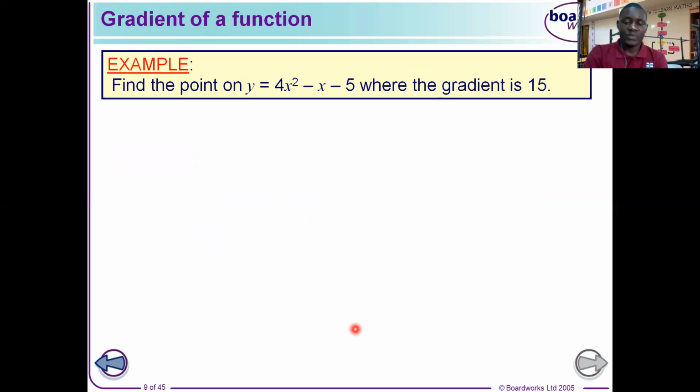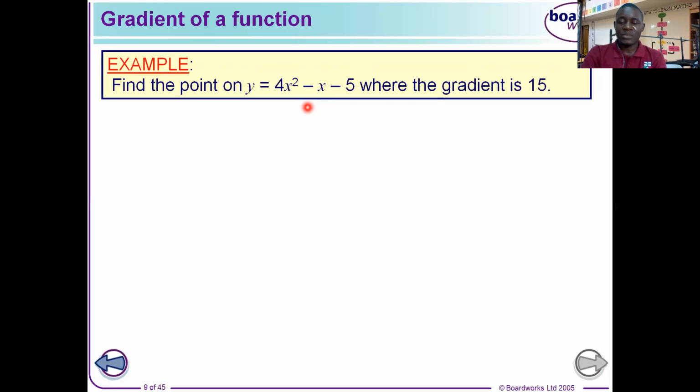Now we're going to move a step further. Find the point on y equals 4x squared minus x minus 5, where the gradient is 15. Now the point refers to the coordinate point where our tangent is expected to be drawn so that the calculation of the gradient at that point will give us 15.